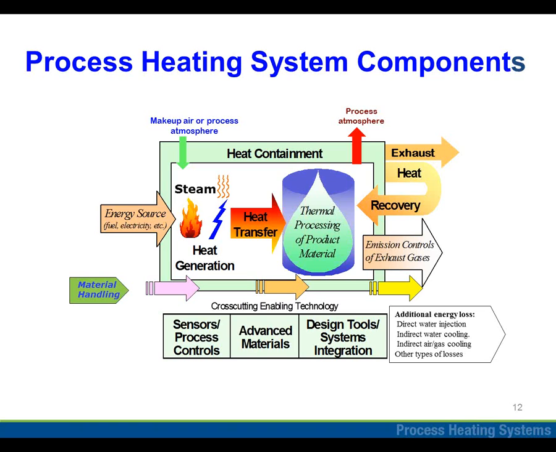So this kind of gives a generic description, and the reason why this is helpful is that now we can take each of these elements of a furnace and look at it and see what can we do to reduce the energy use. So for example, in heat containment, how can we reduce the wall losses, opening losses? In heat recovery, how can we get more heat recovery? So on and so forth. Next slide, please.